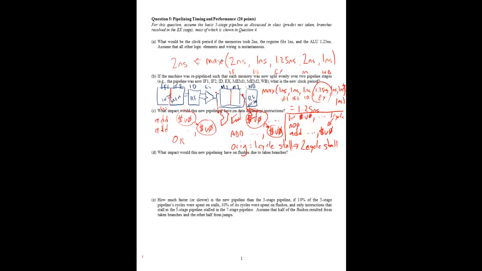So recall that branches are resolved in the EX stage, and because of that, on the original pipeline, we would have a branch instruction, and if we predicted it not taken and it was taken, because it was predicted not taken, there would be 2 cycles worth of instructions that were fetched after the branch, because we wouldn't be resolving the branch until the end of the EX stage.